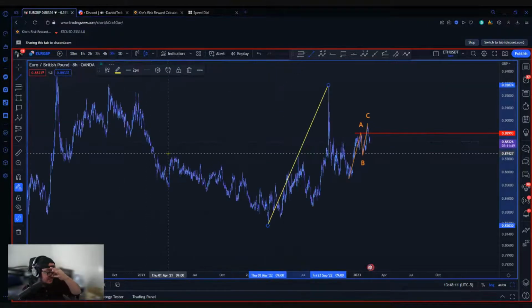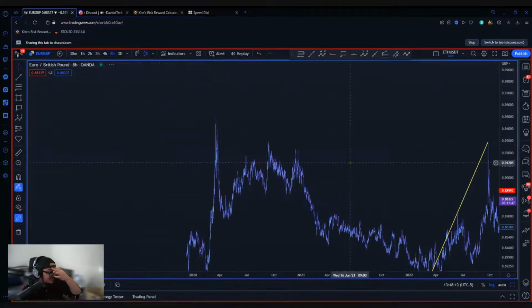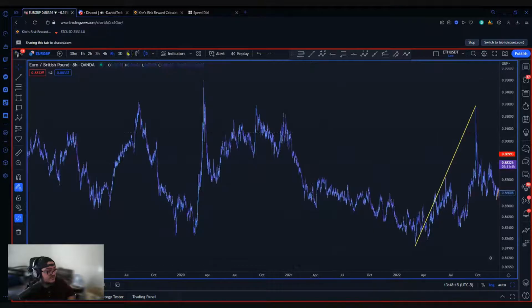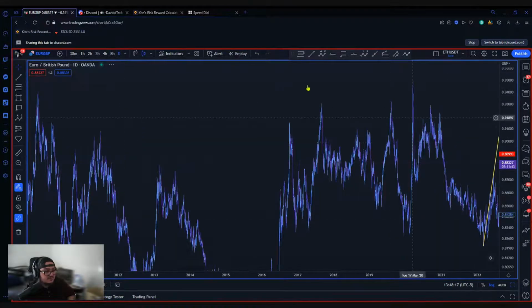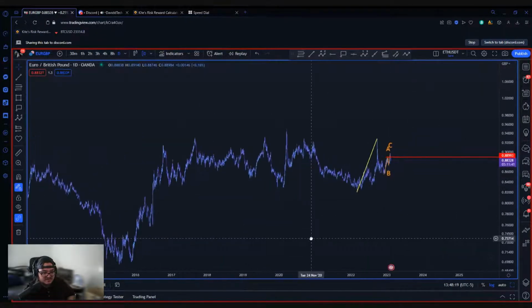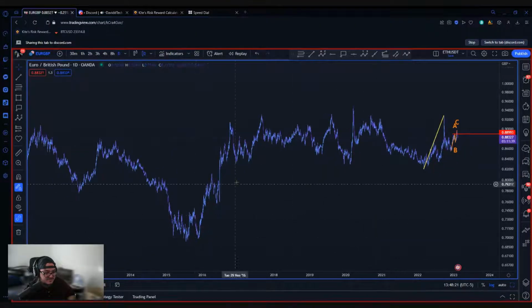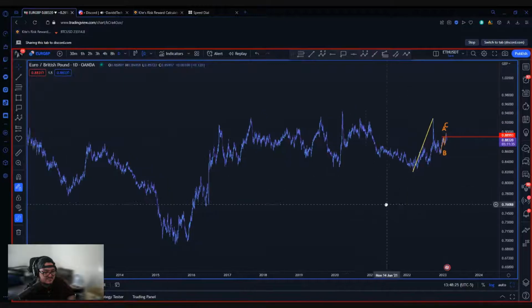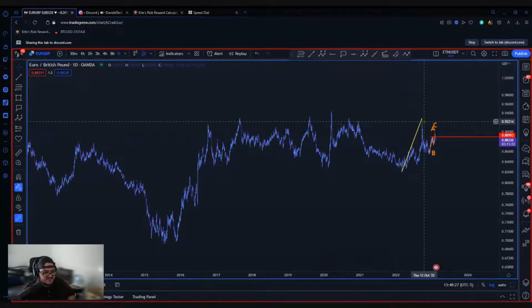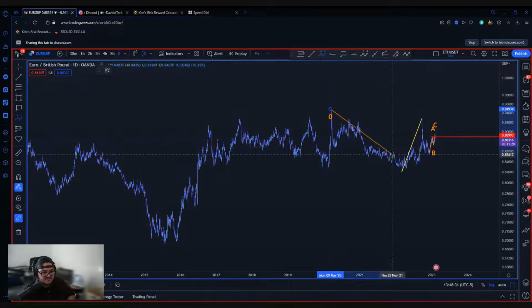Now the question is, is that the beginning or the end of something? Man, this thing loves to range. A, B, C, A, B, C. So this would be an A to a B to a C. Okay. So on the larger scale, it looks like it wants to do something like this.